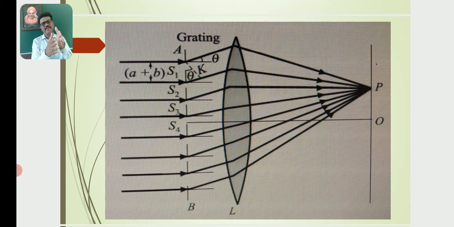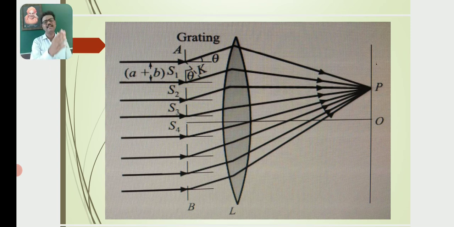So the light undergoes diffraction, and further the diffracted beam of light is made to pass through another convex lens. Then the light undergoes refraction, and the refracted beam of light is made to be incident on the screen, which is placed at the principal plane of the convex lens.